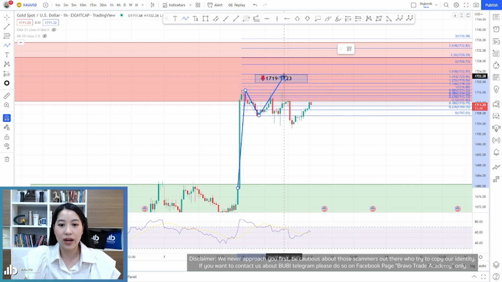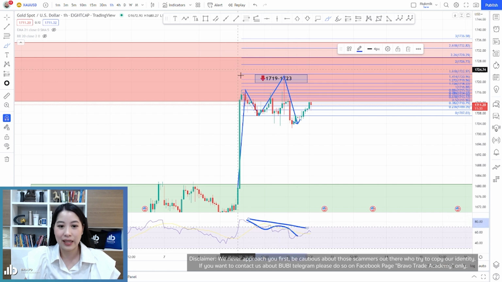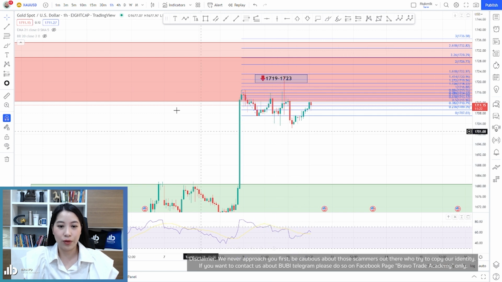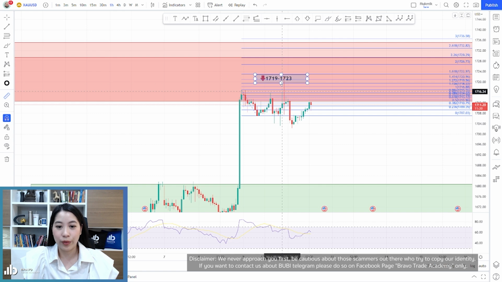I said we will need to wait for the classic divergence here, and you need to check the RSI. If it's not following the price, then it is very interesting to make a sell order here. And look at that, the price really did go back down from this box that I gave you.